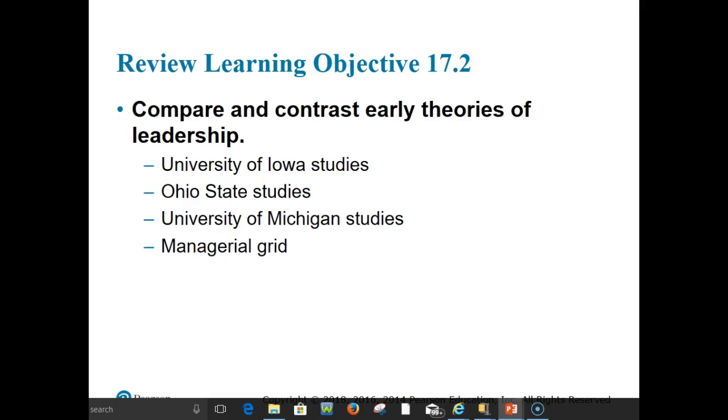In review of our second learning objective, early attempts to define leadership traits were unsuccessful, although later attempts found 7 traits associated with leadership. The University of Iowa studies explored 3 leadership styles. The only conclusion was that the group members were more satisfied under a democratic leader than under an autocratic leader.